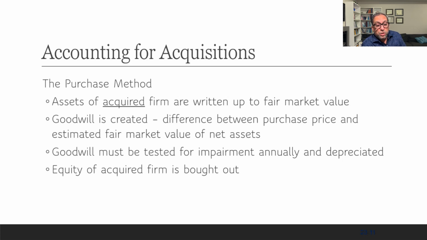Goodwill must be tested for impairment annually and amortized over a period of time. Equity of the acquired firm is bought out. So this is all about the acquisitions. What we have discussed so far is acquisitions.